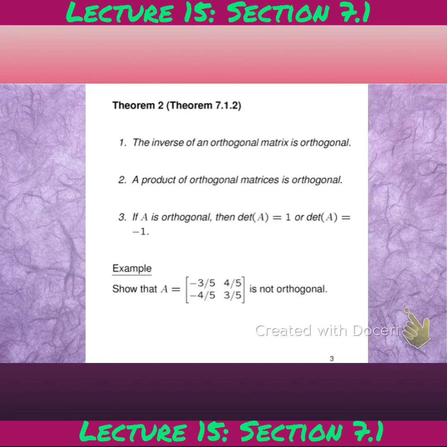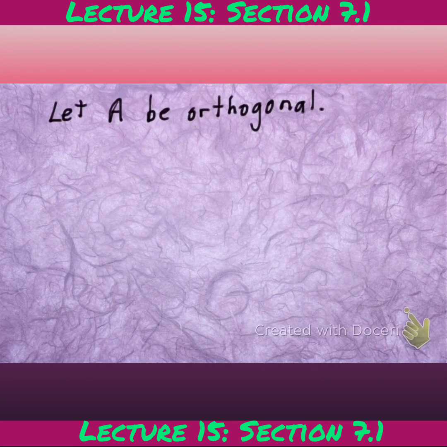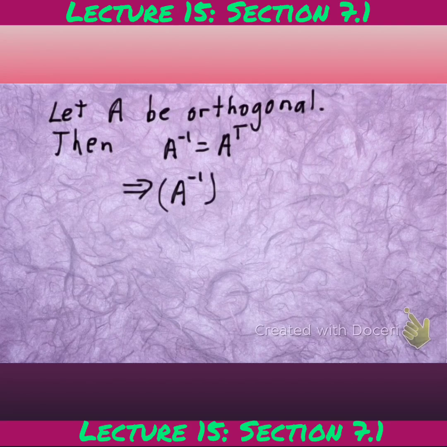Alright, next is theorem 7.1.2, which says pretty much that the inverse of an orthogonal matrix is orthogonal. You can see that from: let A be orthogonal, right? So then obviously A's inverse is A's transpose. Okay, and from there we have that A's inverse's inverse is going to be A's inverse's transpose.